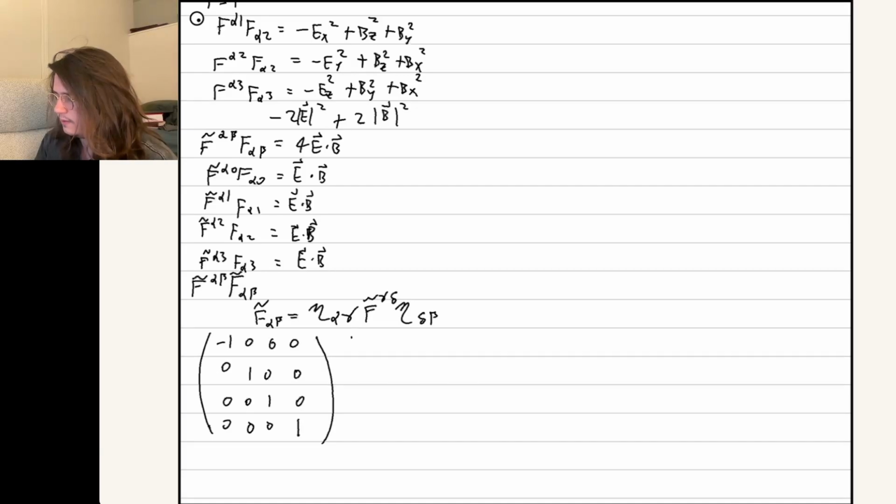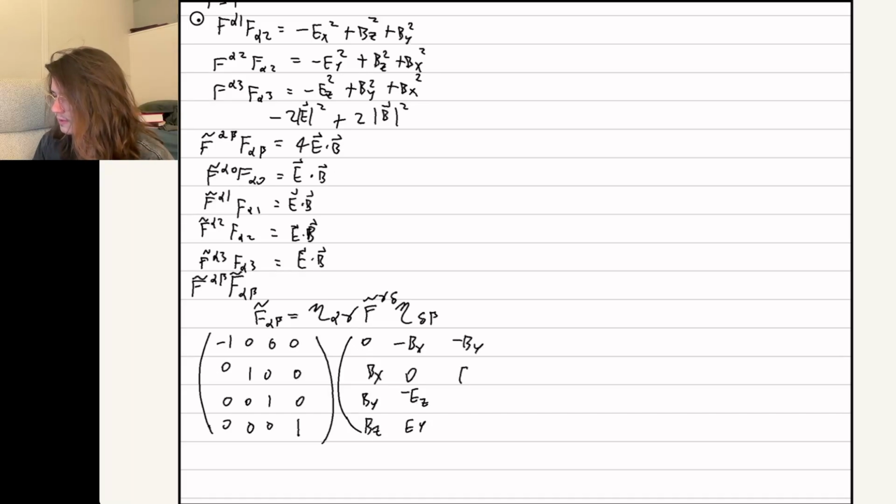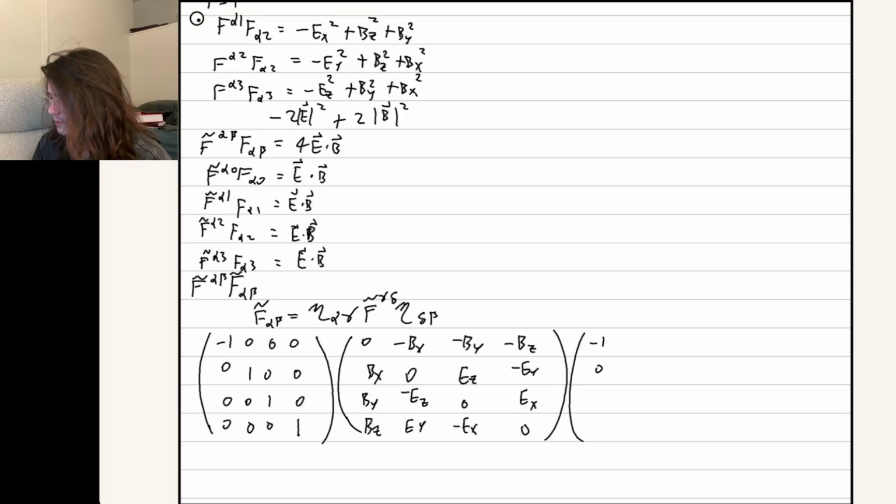And then the dual strength tensor is, you've got plus signs on the first column, Bz, and then we got minus Bx, 0, minus Ez, Ey, minus By, Ez, 0, minus Ex, minus Bz, minus Ey, Ex, 0, and then multiplied by the Minkowski metric again.